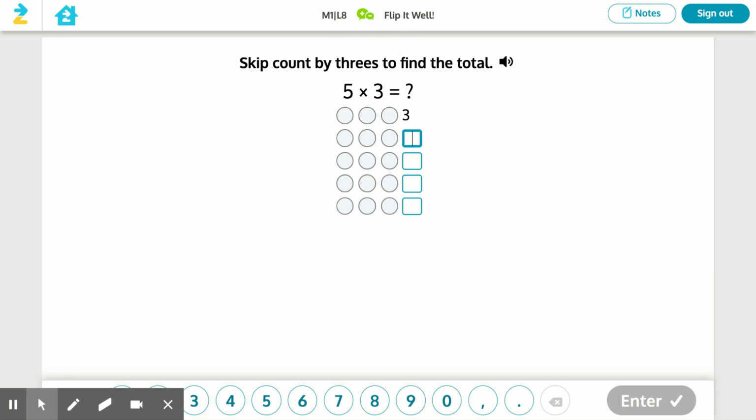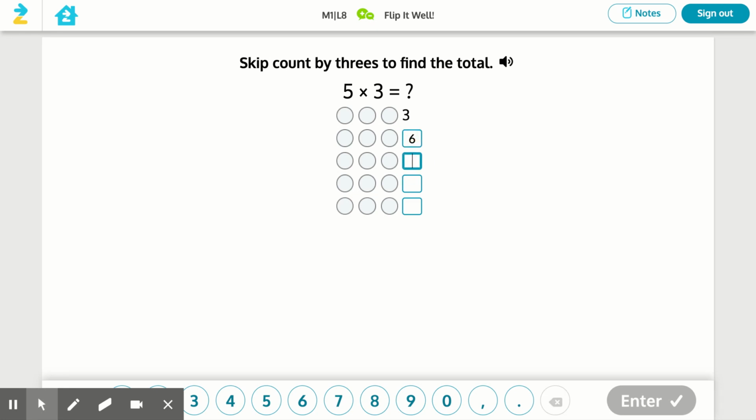All right, so now we've got to find the total, and we are going to skip count by 3s in order to do that. So the first row is 3. What is the next row? Tell me in your Nearpod. That's right, the next row is 6. In your Nearpod, tell me what the next row is.